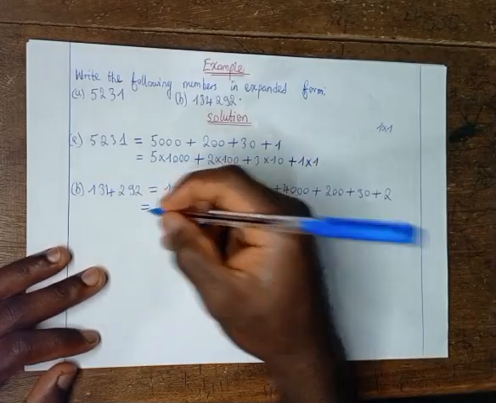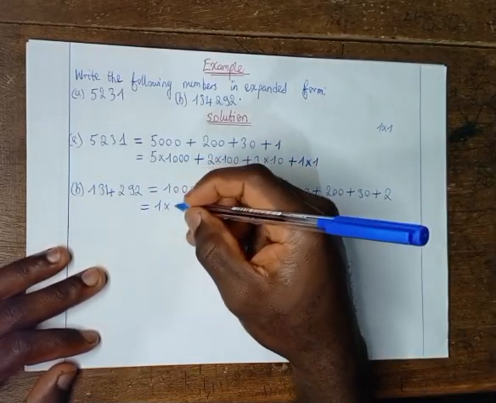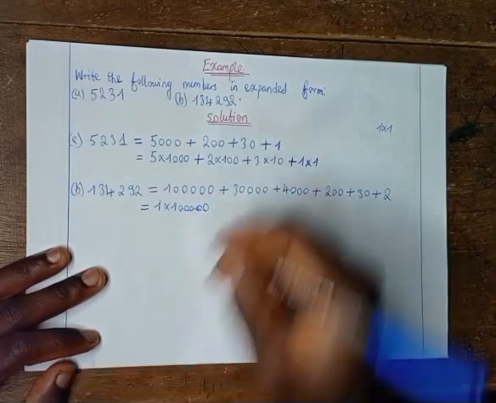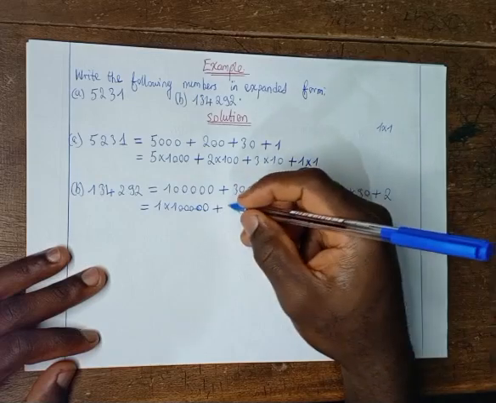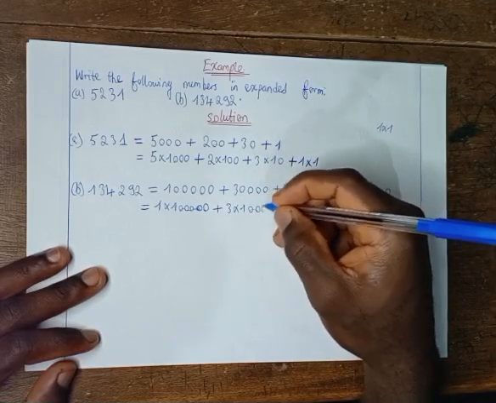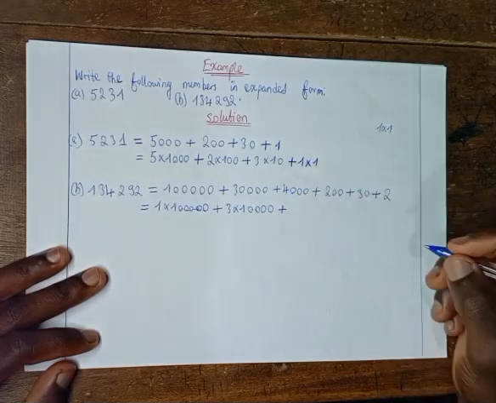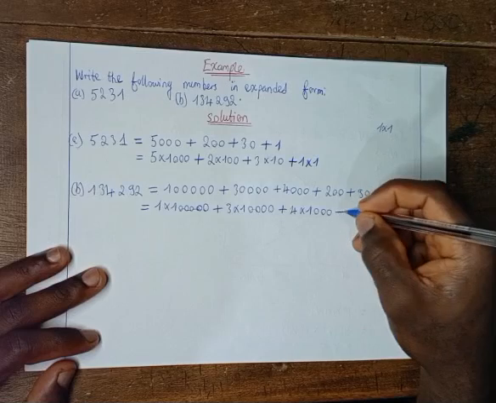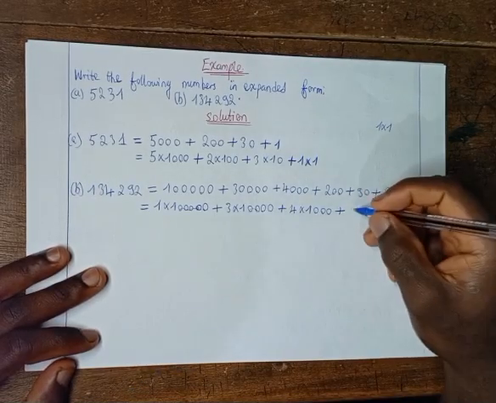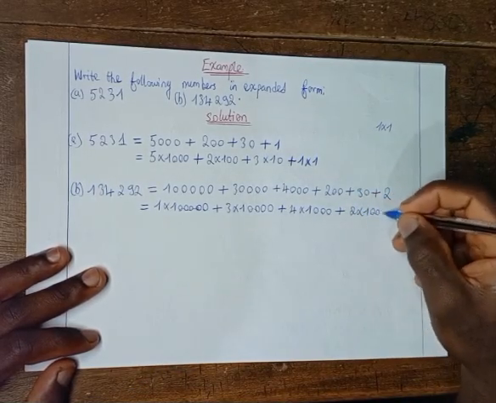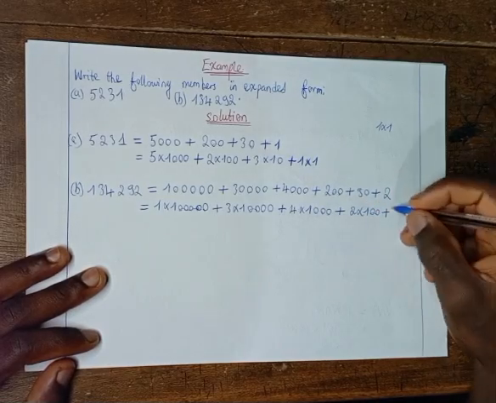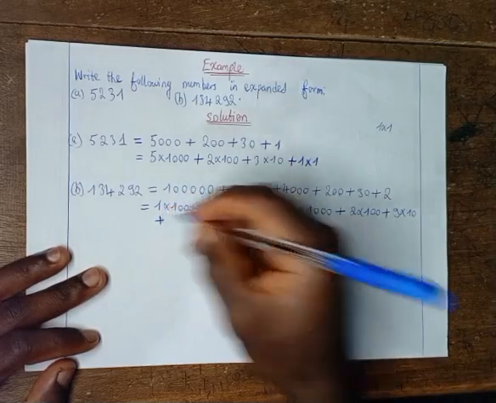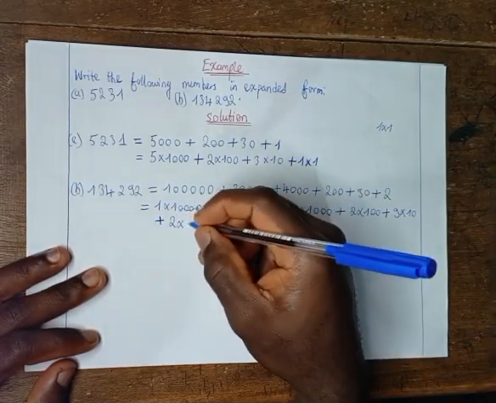We know 100,000 can be written as 1 times 100,000, plus 30,000 can be written as 3 times 10,000, plus 4,000 can be written as 4 times 1,000, plus 200 can be written as 2 times 100, plus 90 can be written as 9 times 10, plus 2 here can be written as 2 times 1.